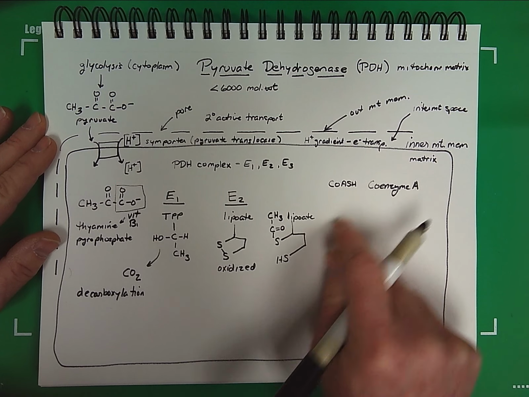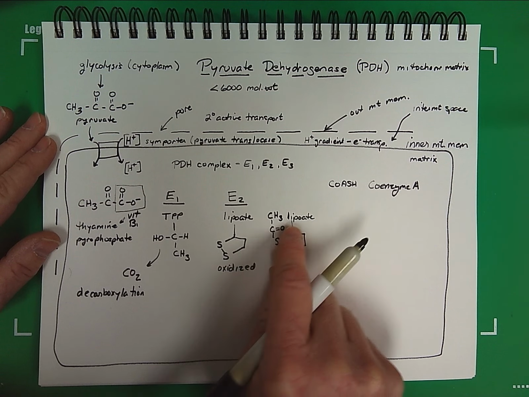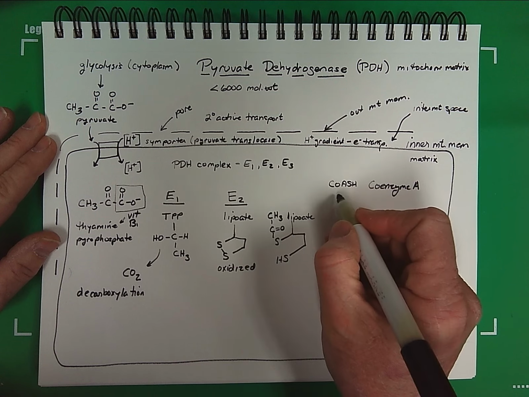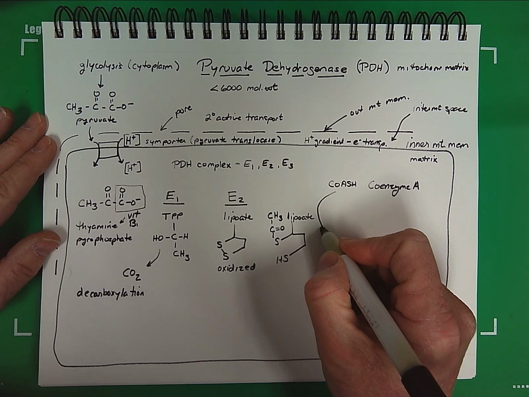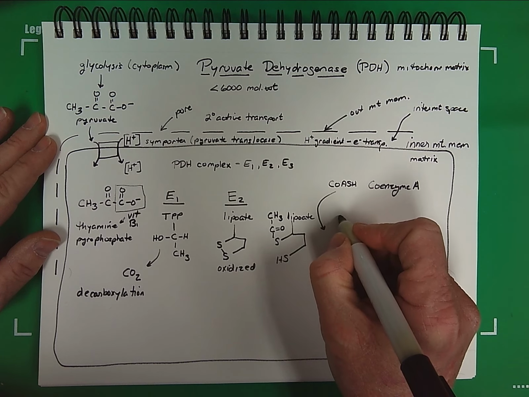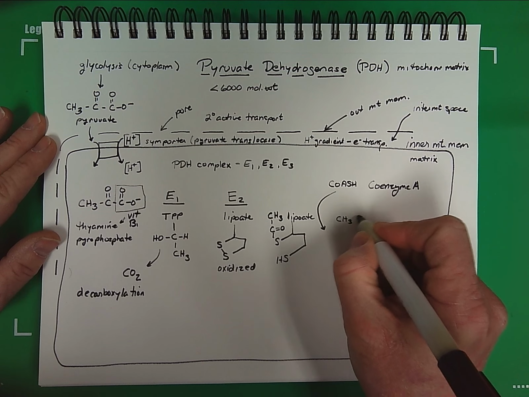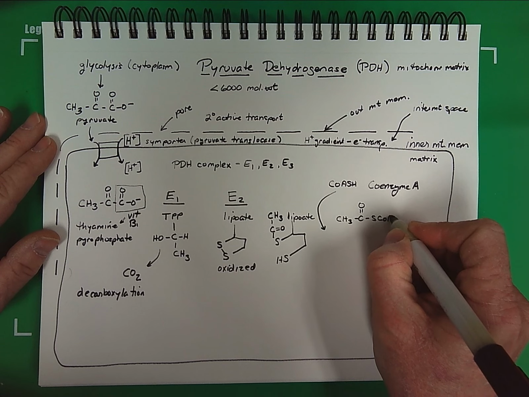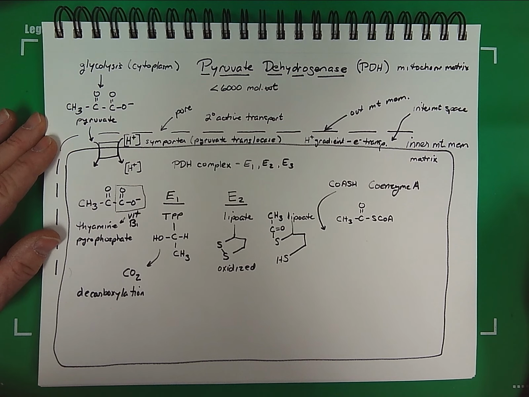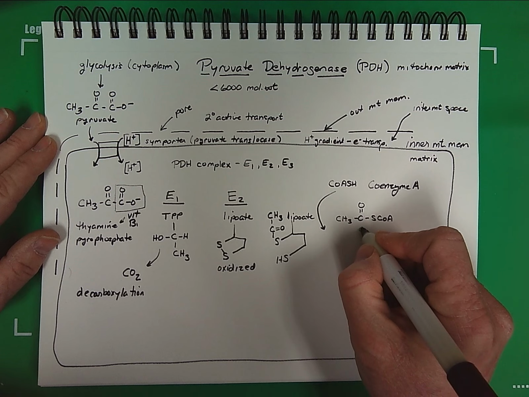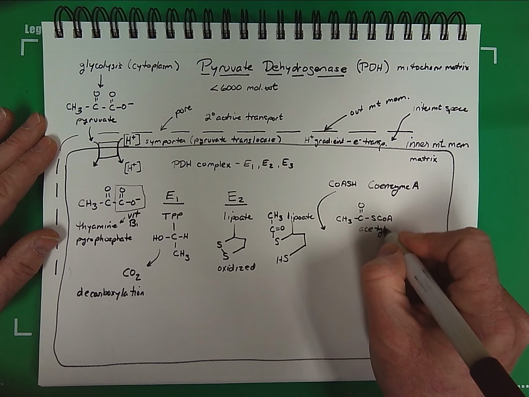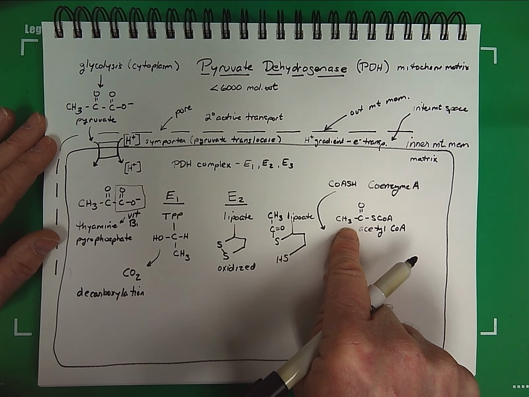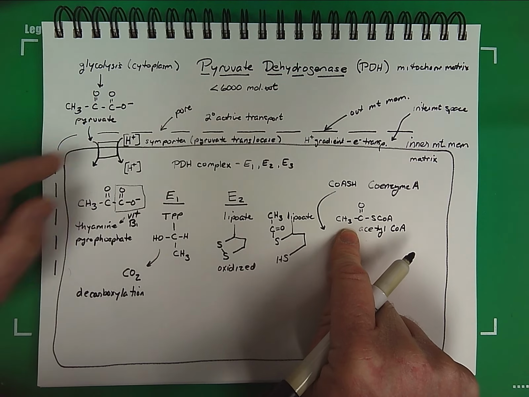This sulfur group is what's going to displace the acetyl group from the lipoate. And so when this comes into this reaction, we are going to generate this molecule, which gets released. This is acetyl-CoA.